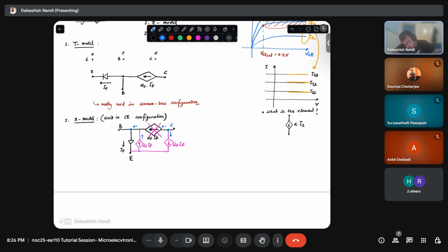And this node, what is the current getting injected or out of it in this direction? Nothing, right? Entire current flows into this loop. So effectively my circuit remains the same, right?